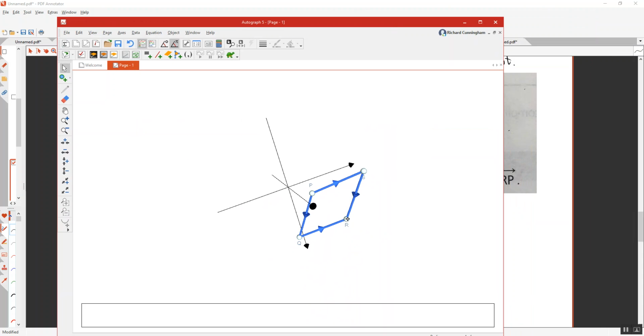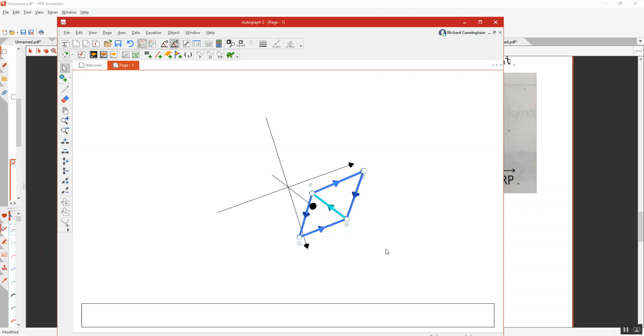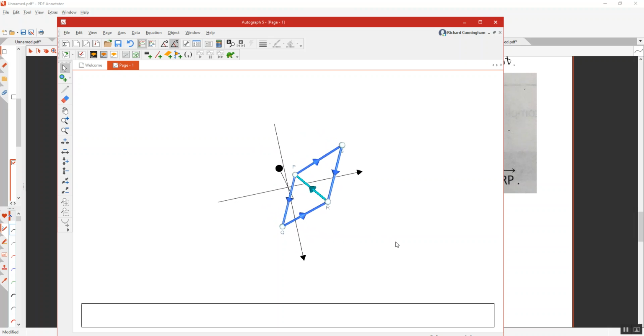We have to work out R to P. So there's our vector R to P. I need a mouse to do this. It would make it a lot easier.